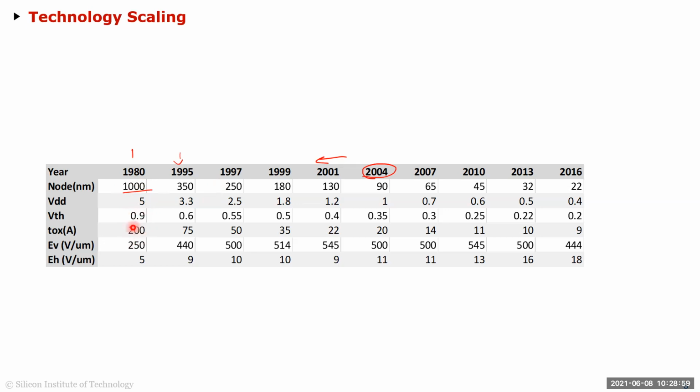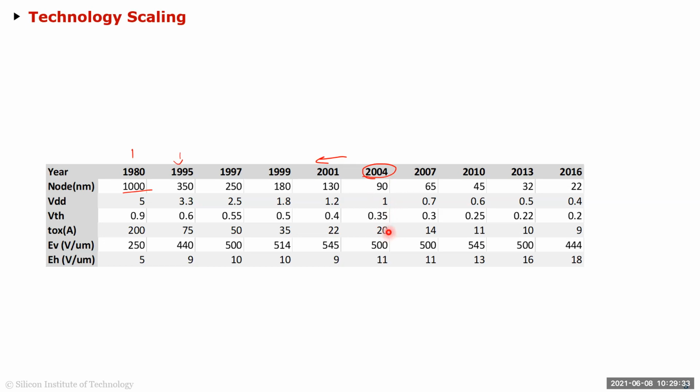The oxide thickness was about 200 or 250 angstrom. And then you get to 97, 98, and you're in that 180 nanometer range. At 180 nanometer, your voltage dropped to 1.8 volts, VTH is around 0.5 volts, and TOX is about 35 angstrom. And by 2004, you were in the 90 nanometer range where your voltage is 1 volt, your VTH was around 0.35, and TOX is 20 angstrom.